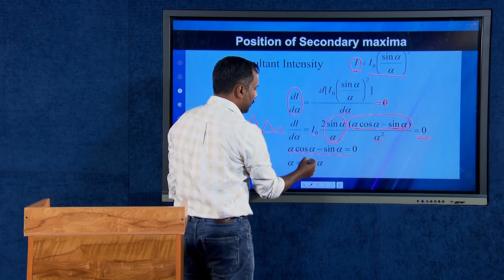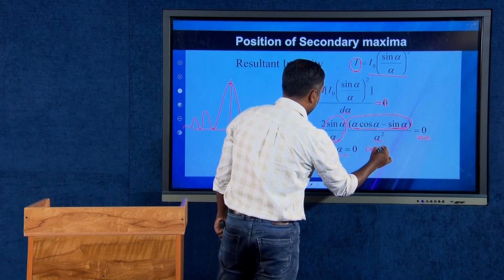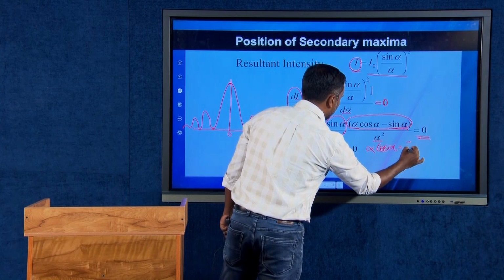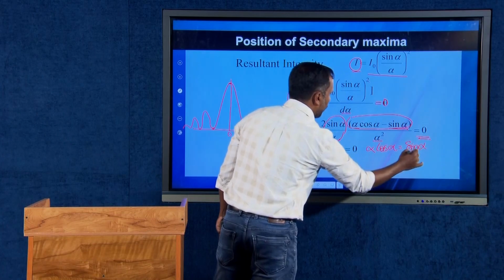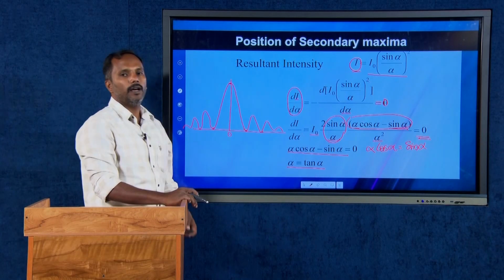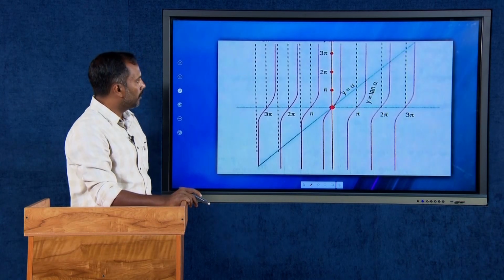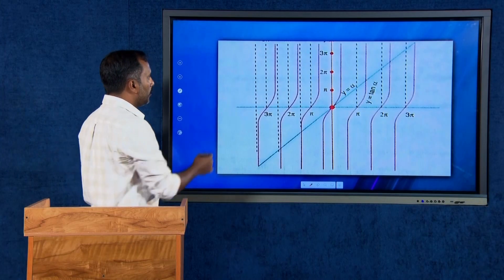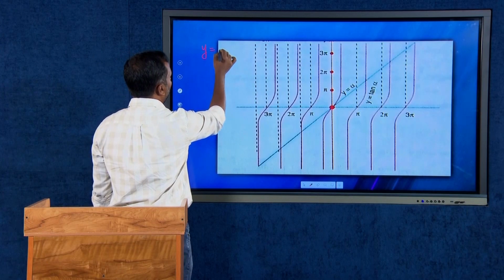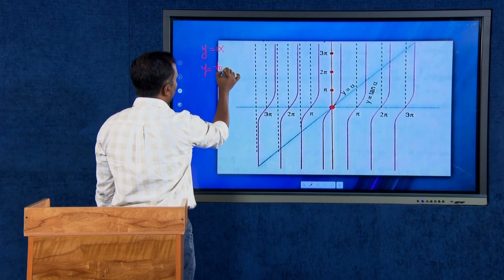If I am rearranging this, we can have alpha cos alpha is equal to sin alpha, and sin alpha divided by cos alpha will give us alpha is equal to tan alpha. Now, what I am doing here is drawing two graphs. One is y is equal to alpha graph, and another graph is y is equal to tan alpha graph.